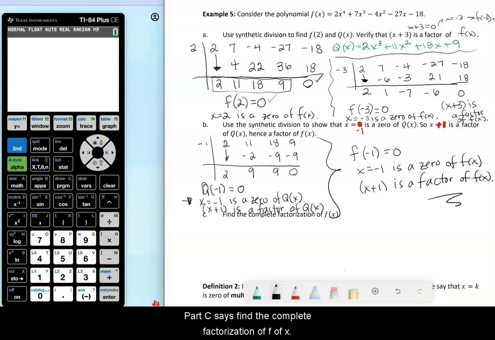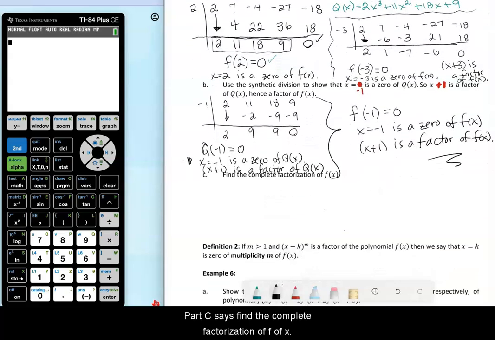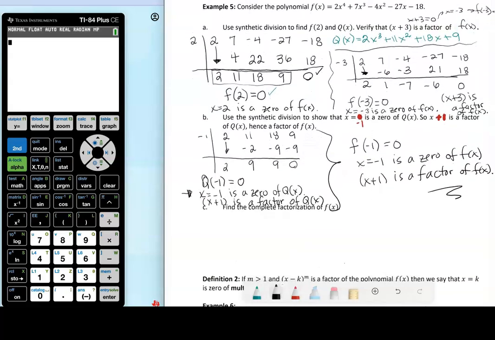Now, part C says find the complete factorization of f of x. Now, f of x, I'm just going to write it here, it's the top of your page. Once again, it's a 4th degree polynomial, which is not easy to factor. We started off being given a 0. So that first 0 was f of 2.